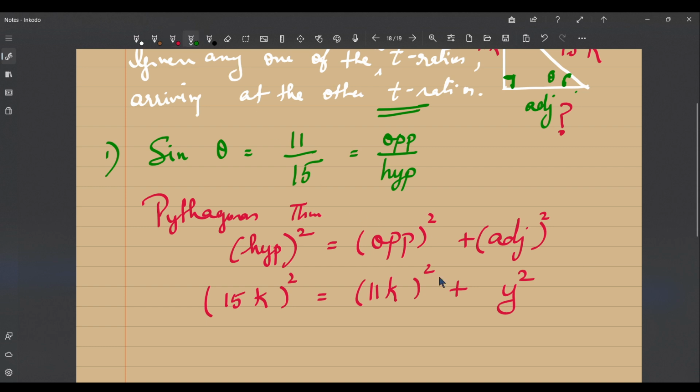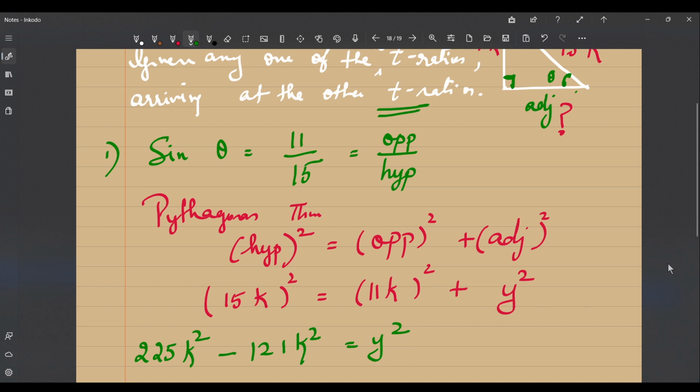So, let me subtract 11k the whole squared from both sides of the equation, and I am going to simplify at the same time. So, we have 225k squared, 15 squared is 225, minus 121k squared is equal to y squared. But what we require here is y, isn't it?